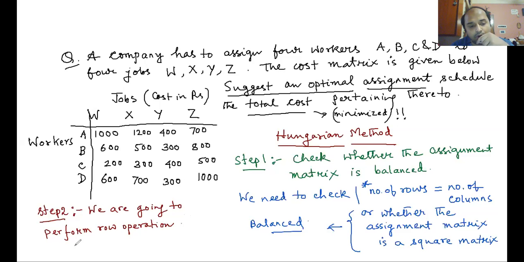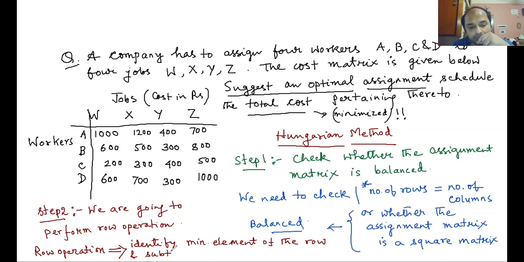Row operation is: identify the minimum element of the row and subtract it from all elements of that row, including itself.